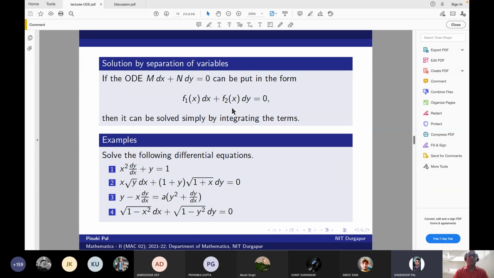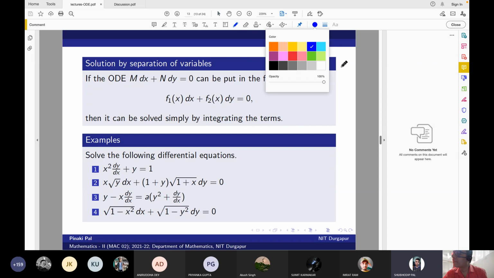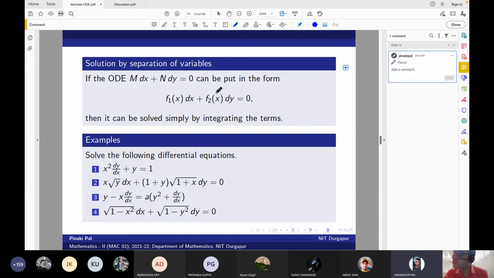So f1(x) dx and f2(y) dy. And then simply by integrating the system one can solve it. So let me just correct it. F2(y), it will be y, not x. Okay, so some examples are given.